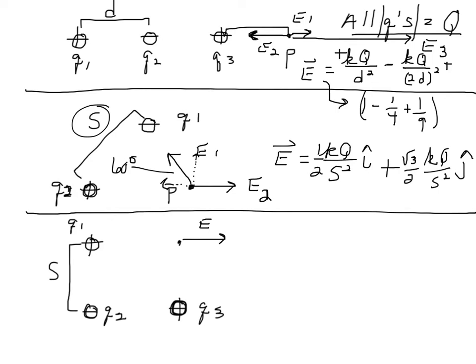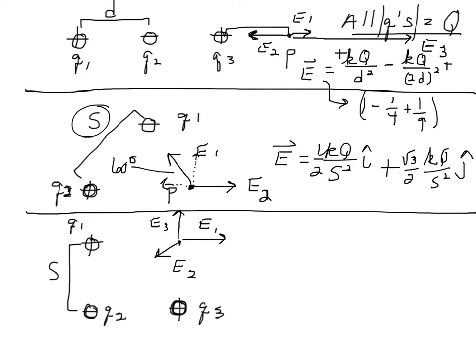You've got an E3, which is equal in magnitude along the y-axis, KQ over S squared. And then you have an E2, which is negative going this way. Turns out to be only half the length because the distance is the square root of 2 times S. And we have to find components for that.